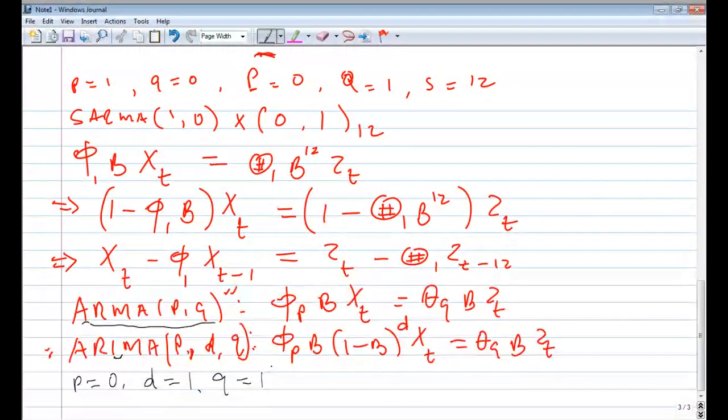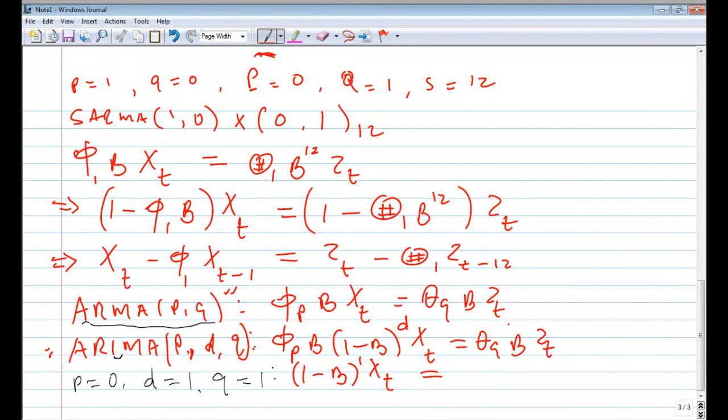So how do we write this now? We don't have phi, so we are going to have 1 minus B to the power 1, or you can just leave it as 1 minus B. We know that there is order 1 there that we have differenced. Then X_t. Are we together? That's on the left hand side.